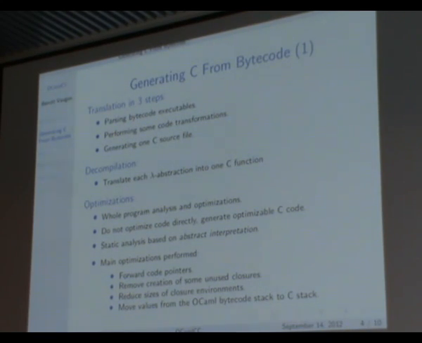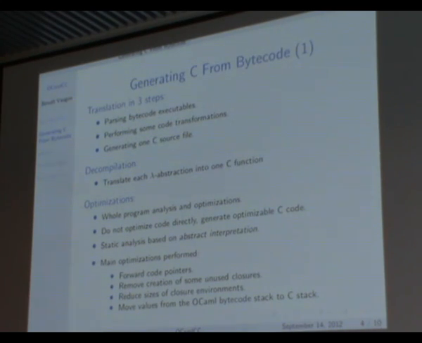We perform a kind of code pointer forwarding. I mean transferring code pointers as far as possible in the code. The main goal is to permit the C compiler to perform inlining, because if you leave code pointers in closures, which are in the heap, pointed to by lots of global variables, the C compiler cannot perform constant folding and cannot inline functions.